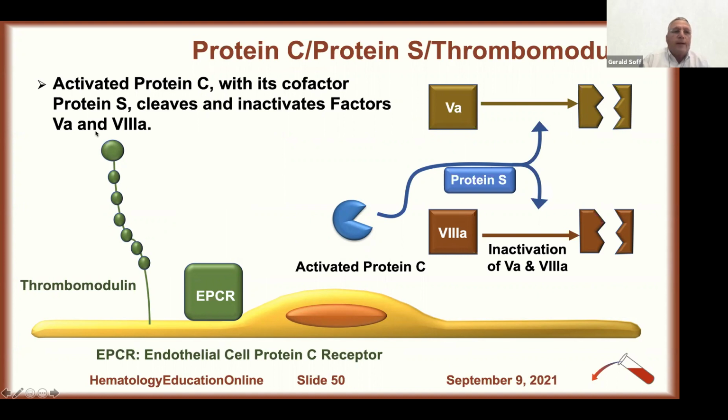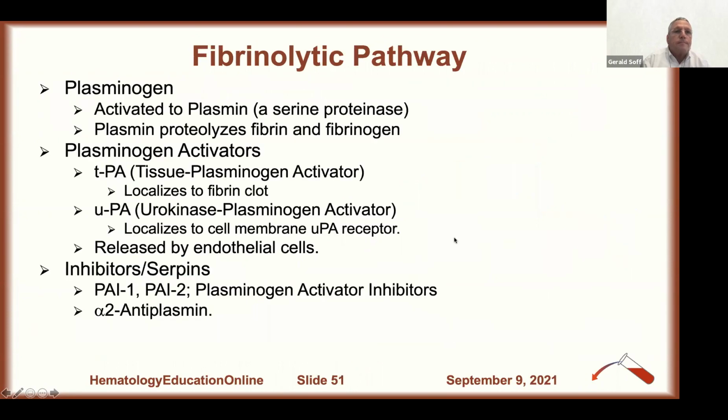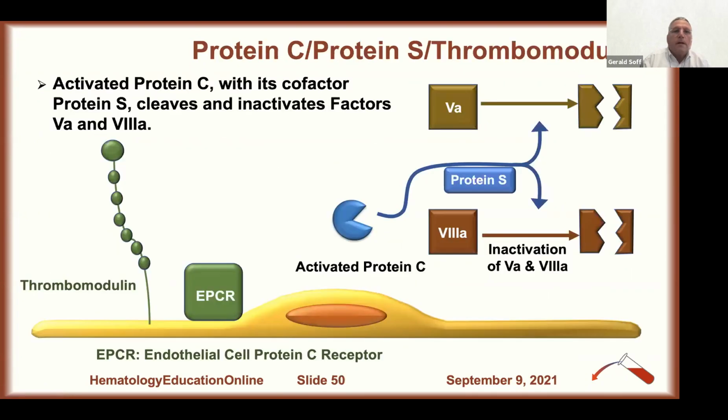So this pathway here with thrombomodulin, endothelial protein C receptor, activated protein C, and protein S will then neutralize factor 5A and 8A. I didn't put it in here, but there's also believed to be some other roles of the protein C system, possibly fibrinolysis, but this is considered to be the primary role of the protein C pathway.